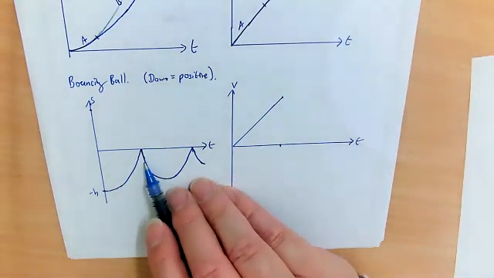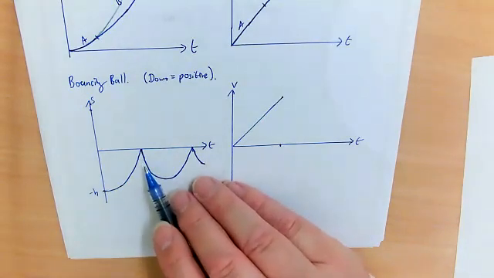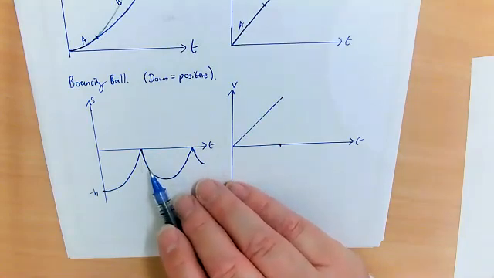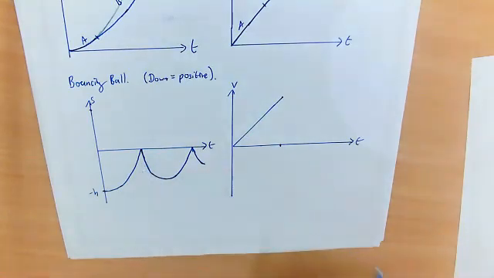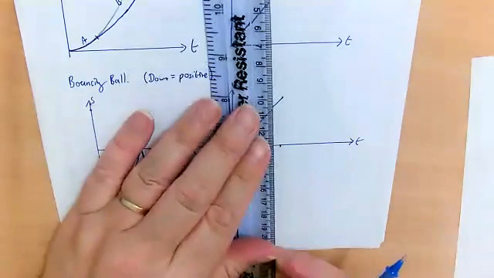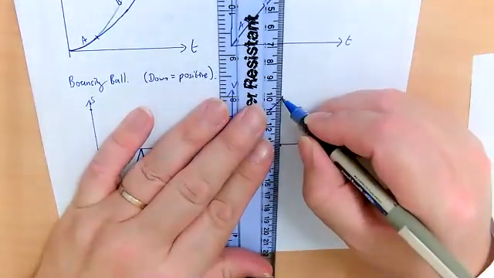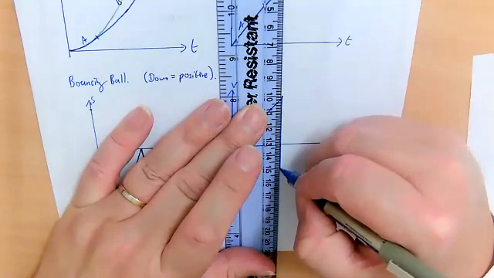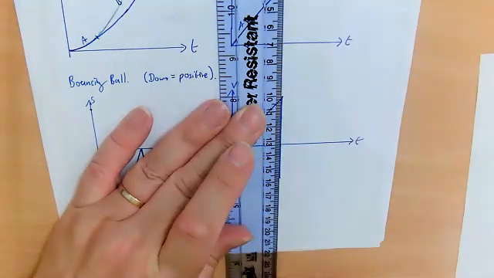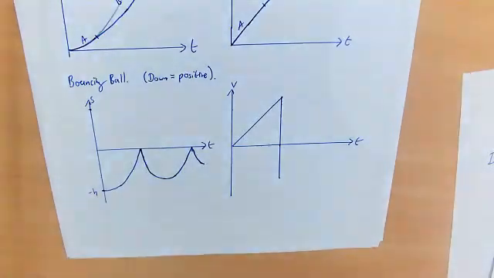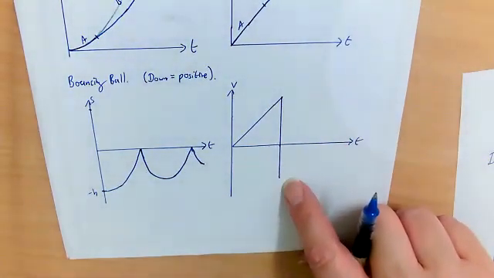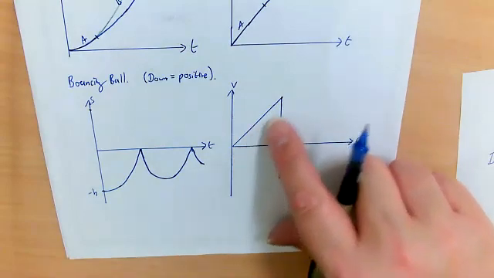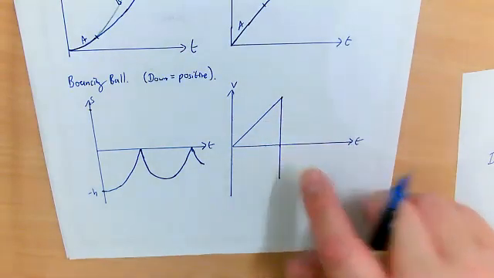And it's going to then have a negative velocity because we've got a negative gradient here. At this point, it's going to be changing direction very suddenly, because here it's moving down, here it's moving up.